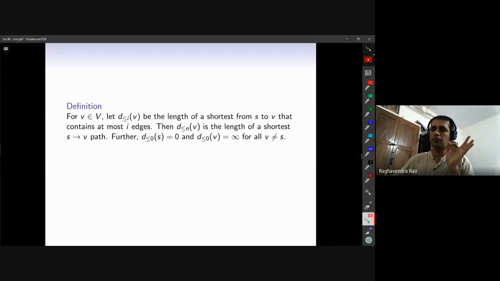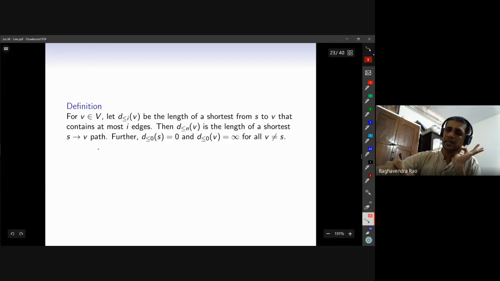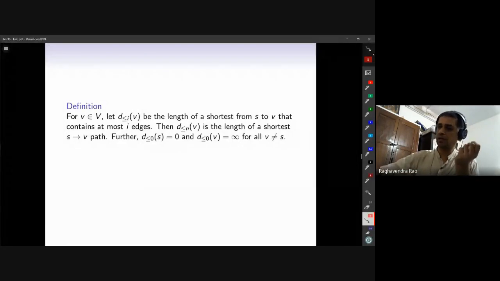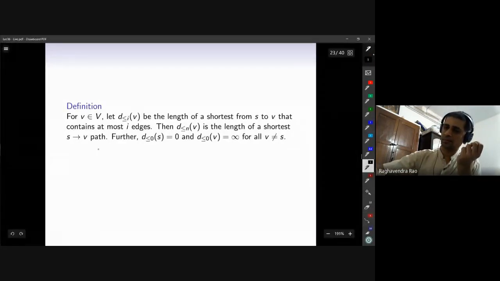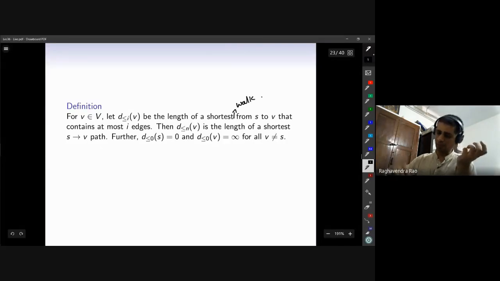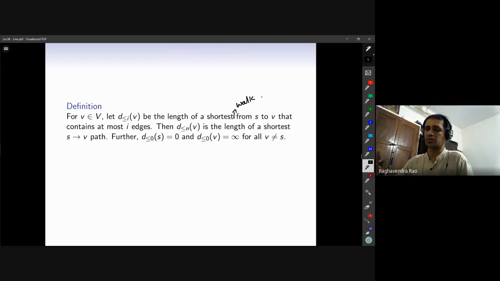We'll bring in notation for that. Let D with subscript less than or equal to i, of V, be the length of a shortest walk from S to V that contains at most i edges. It need not be a path, it is a walk. If there is no negative cycle, then D less than or equal to n, of V, would be the length of a shortest S to V path.